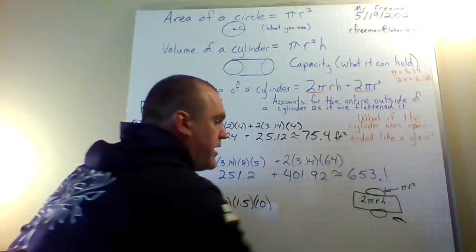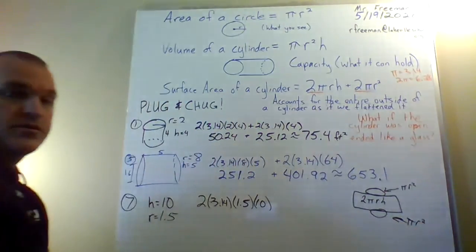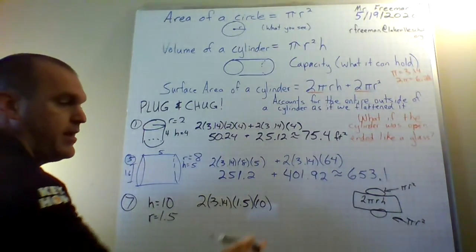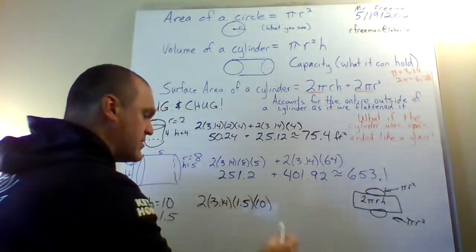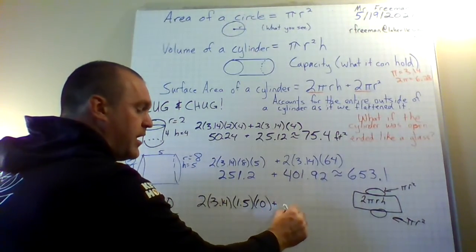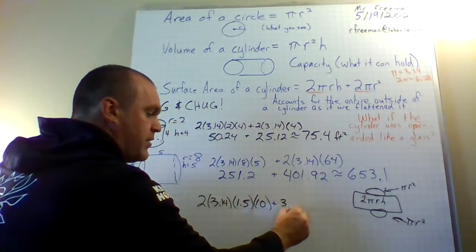Is that still on the screen yet? Those guys are pi r squared, and there's 2 of them. But in this guy, there really is not 2 of them because we don't have the top. So when we do this, all we do is we knock out the 2, and we just say there's 1 of them. So it's just going to be pi.